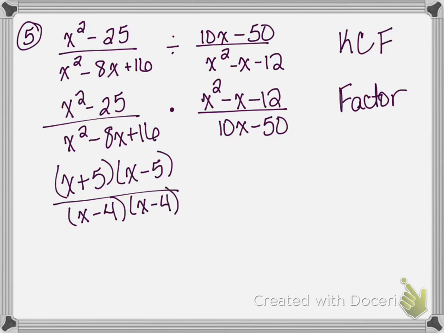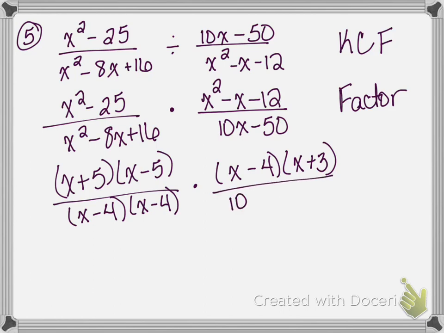What you need to know is that negative 4 times negative 4 is positive 16, and negative 4 plus negative 4 is negative 8. x squared minus x minus 12 factors to x minus 4 and x plus 3, because negative 4 times positive 3 equals negative 12, and negative 4 plus 3 equals negative 1.